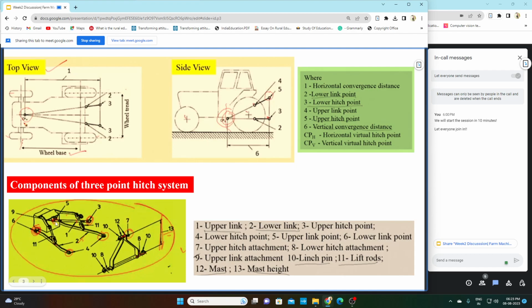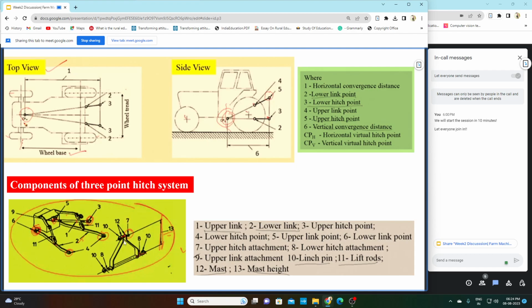So this fifth point is the upper link point, and this sixth point is a lower link point. There is another lower link point that is not shown. Now you can see this figure is known as the mast, and it is connected with the implement.